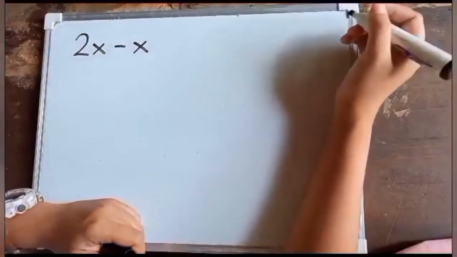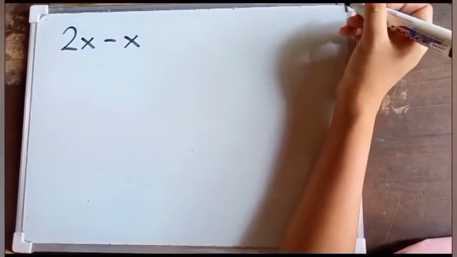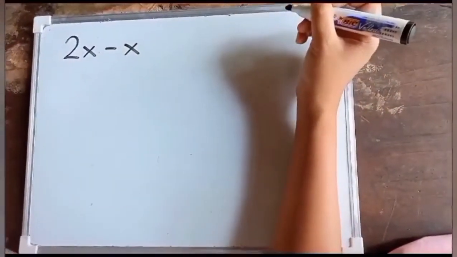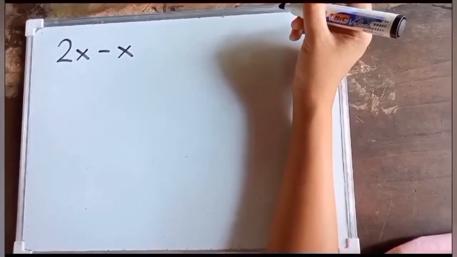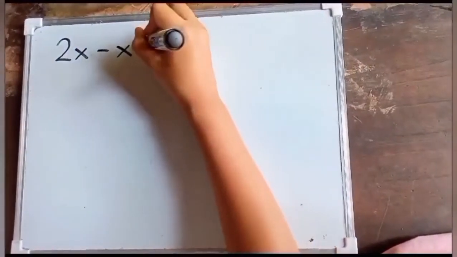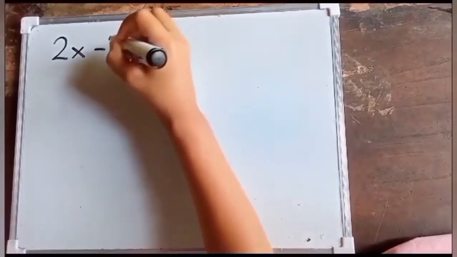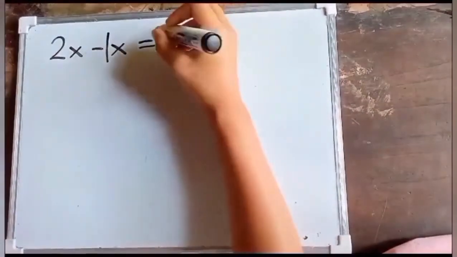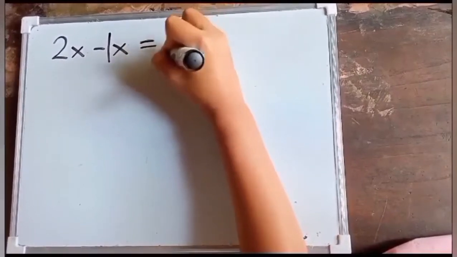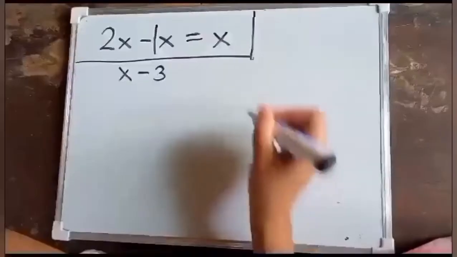Now the first example is 2x minus x. Same as adding polynomials, in subtracting polynomials, you just have to subtract. 2x minus 1x is equal to 1x.